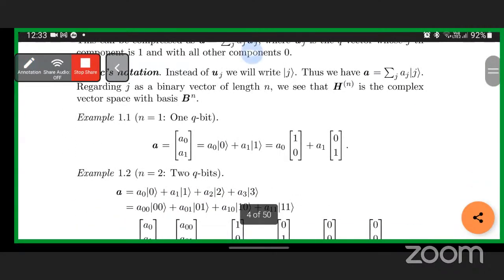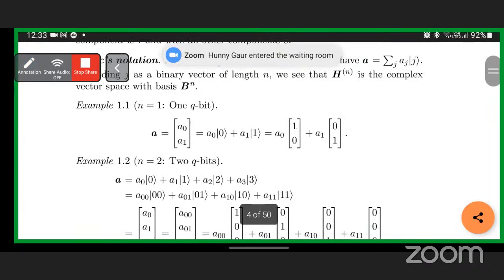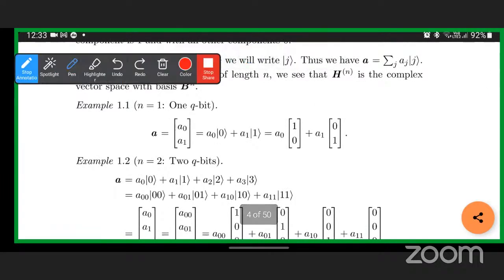For example, take n is equal to 1. When n is equal to 1, we have 1 qubit. We'll take an example of 2 qubits also. And in general, you can imagine n qubits.